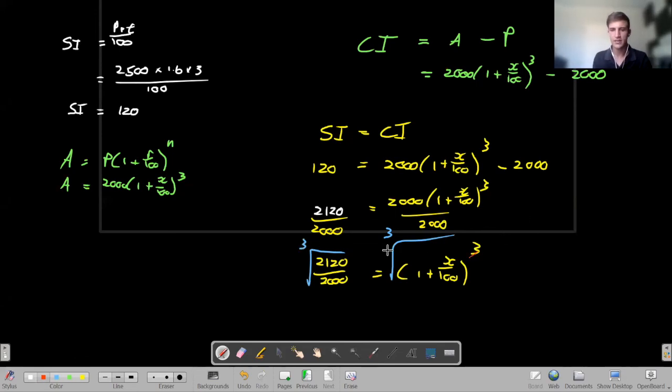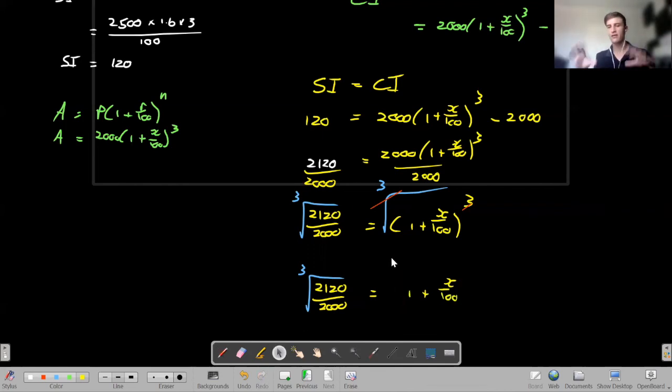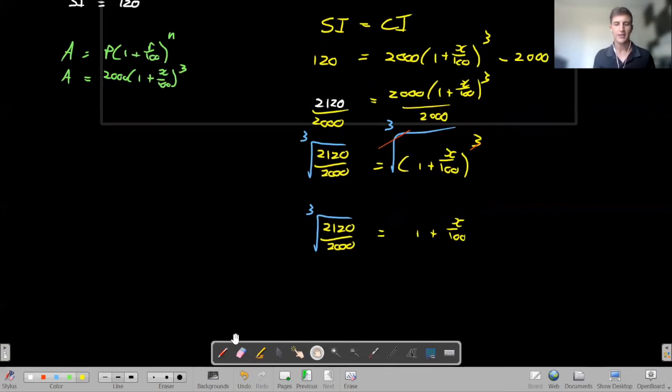Great stuff. These cubes cancel out, and I'm left with the cube root of 2,120 divided by 2,000, and that's equal to 1 plus x over 100. The bracket's not even necessary because it was only there because of the exponent. Cool stuff. Now to solve for x, what are we going to do?